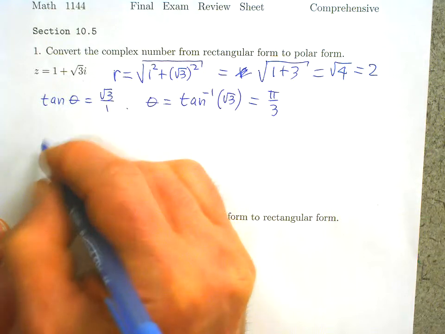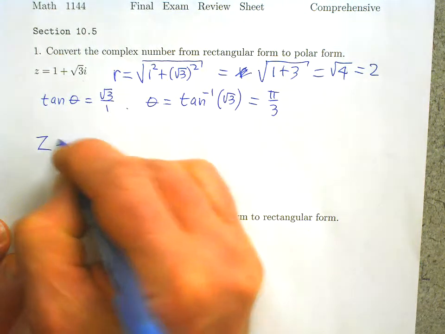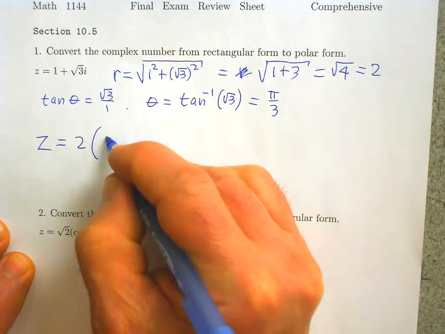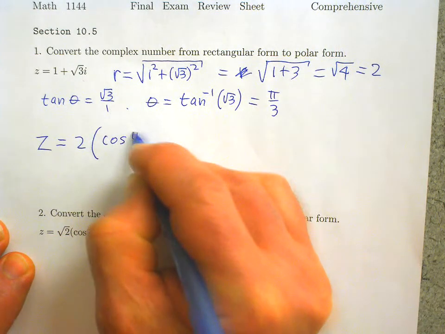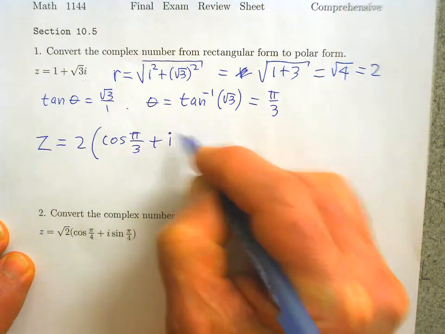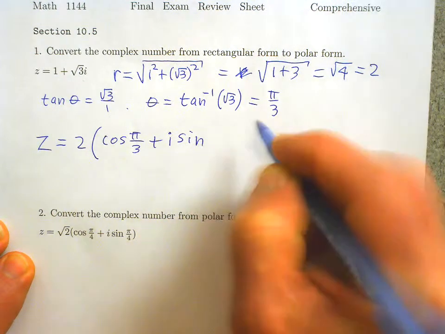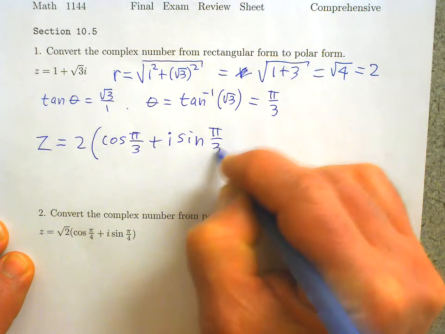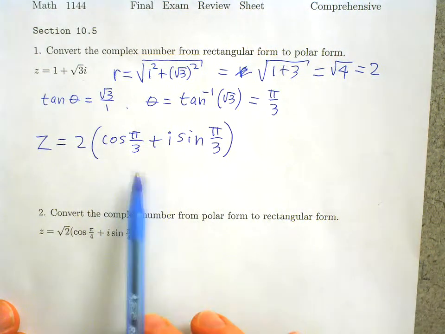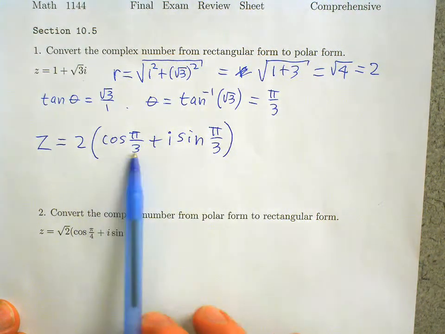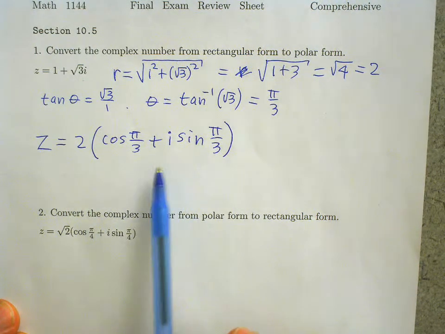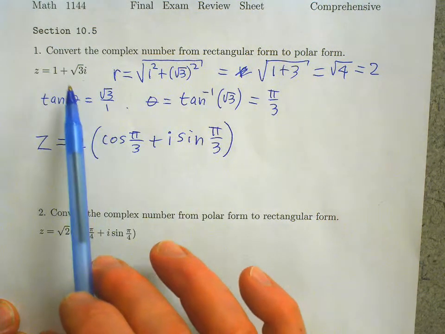So in polar form, z is 2 times the quantity cosine of pi over 3 plus i times the sine of pi over 3. You can always verify that this is correct by working in reverse, by converting from polar form back to rectangular form.